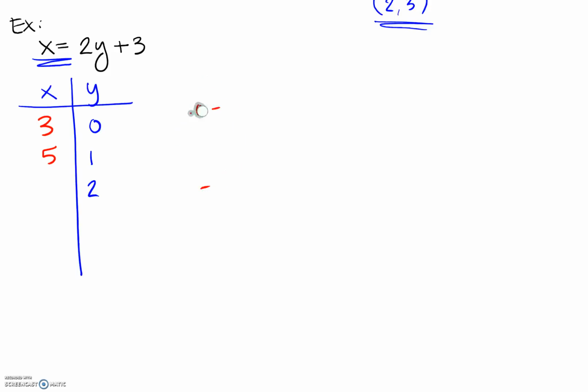What else could we do? Well, we could still do our intercepts, I guess. It's not in the right form for intercepts, so it might be nice if we wanted to do intercepts. If we went ahead and tried to make this look like our standard form, to have this look like ax plus by is equal to c, that would be ideal.